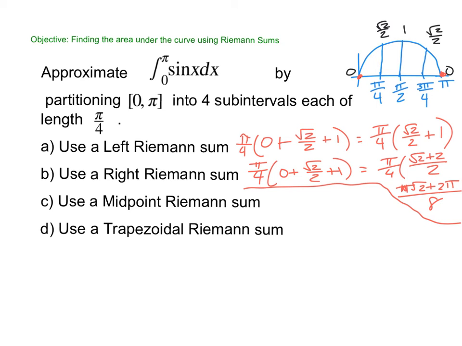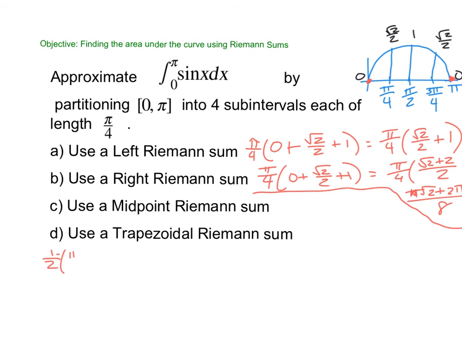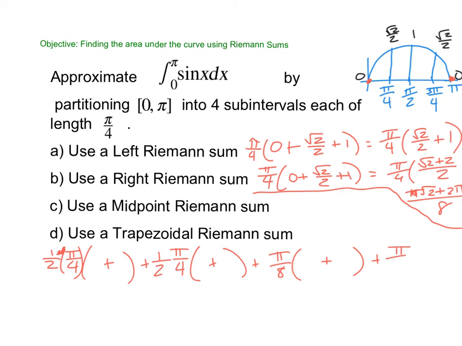Okay, trapezoidal. Again, I'm going to do Riemann last. So I have 1/2, and then what's the width of each of my rectangles? Pi over 4. And then 1/2 pi over 4, and then whatever we're adding, I'm just going to make that pi over 8.